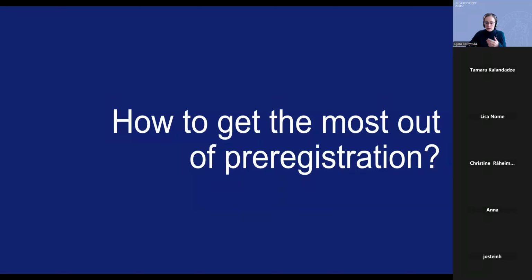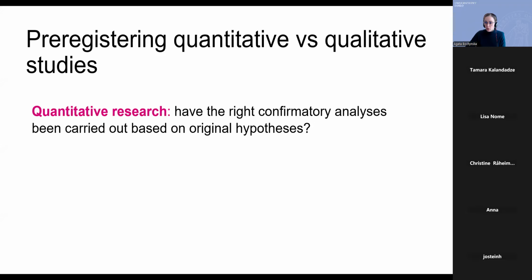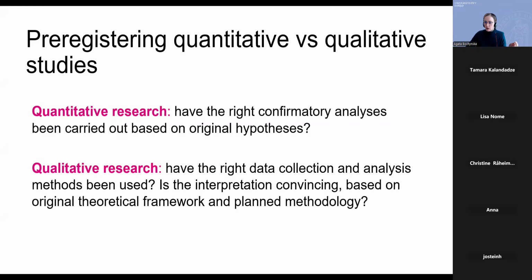But how can you get the most out of it so that you can also make sure your pre-registration is good quality and serves your research as well as possible? So again, pre-registration will differ for quantitative versus qualitative research. In quantitative research, we're focusing on questions of, have we applied the right confirmatory analysis based on the original hypothesis?